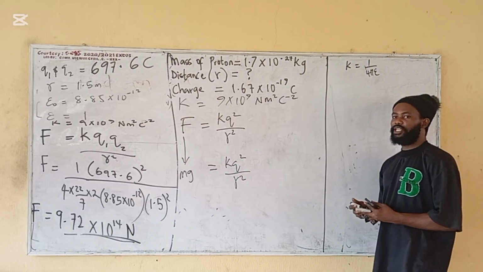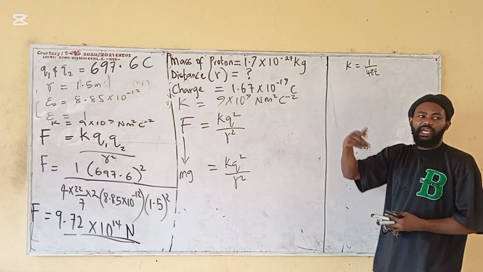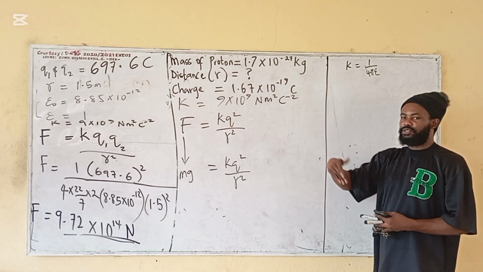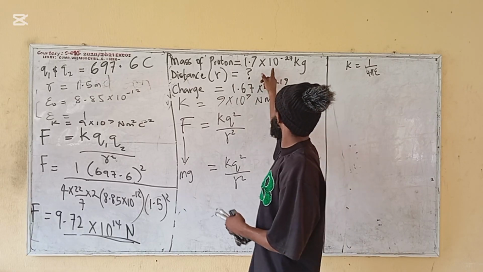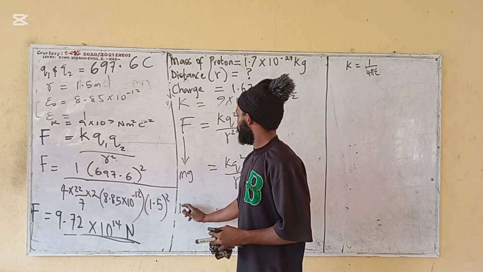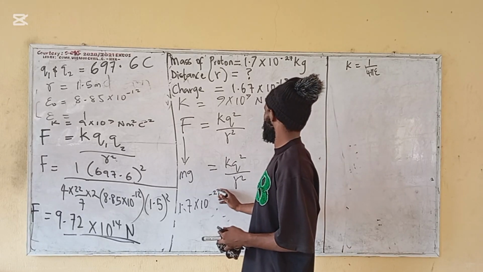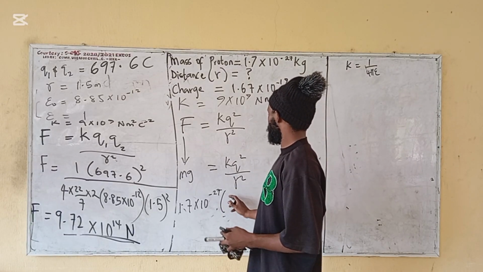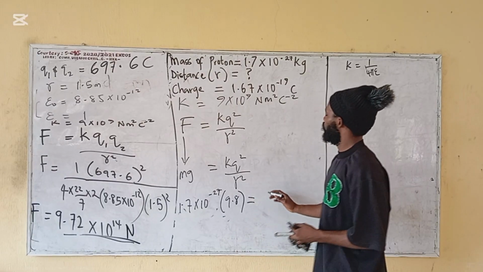Because they are no longer talking just about the charge, but the effect the charge has on Earth. They want to know its weight on Earth. So I know that the mass of this is 1.7 times 10 raised to the power minus 27. Then this is the constant, 9.8. Do you remember? Yes.